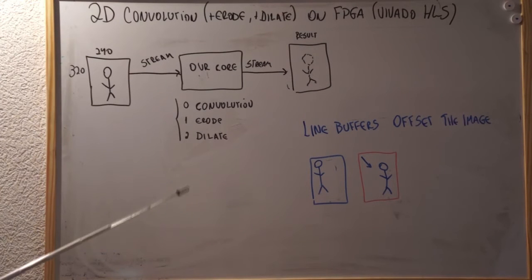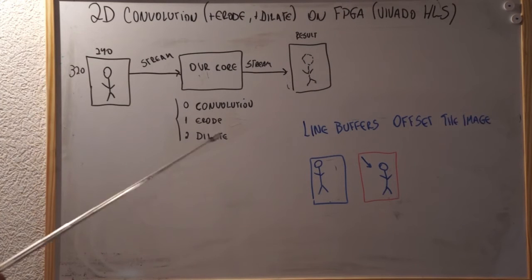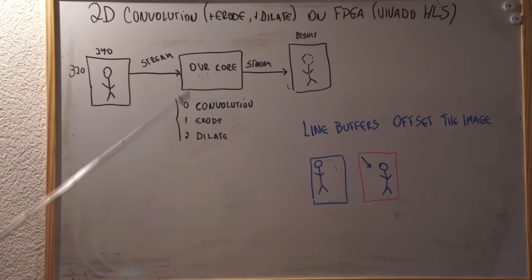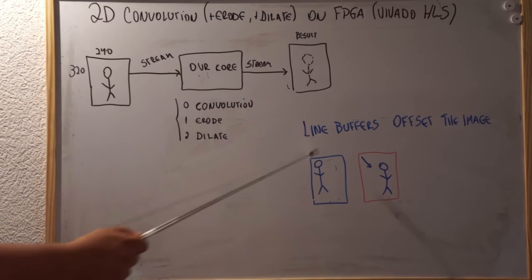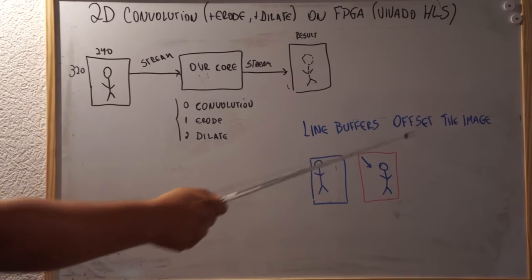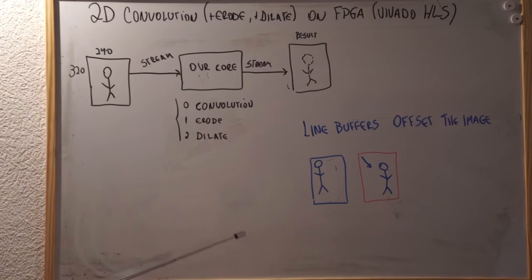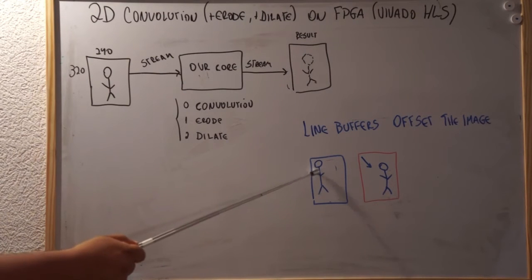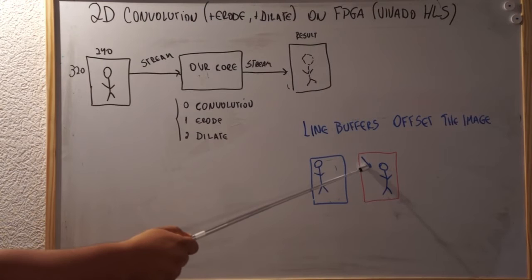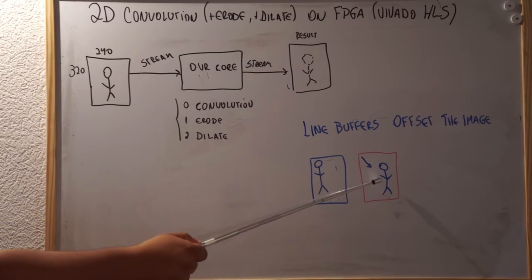In the lab, we're going to see that just by using the theory that we learned in our last video by using line buffers, we need to solve this issue here. The line buffers offset the image because they have a kind of internal delay. They will delay a little bit the results, and this delay will cause the result image to be translated a little bit in this direction here.